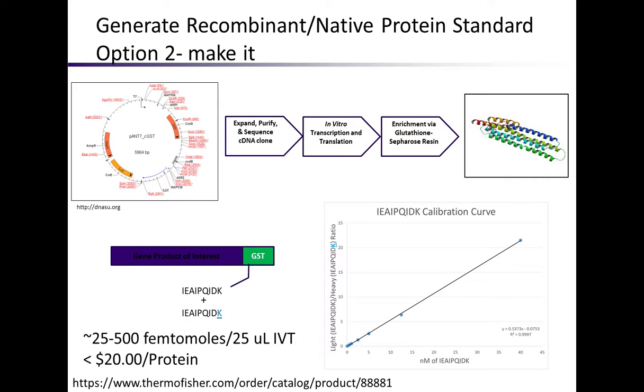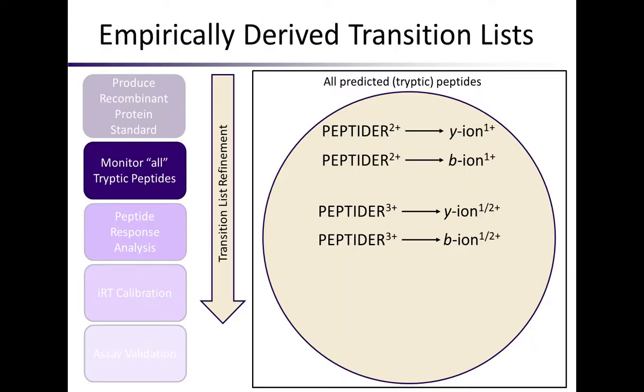And we can actually calibrate this. We can have a pretty good idea of how much protein we've synthesized. And it's cheap. You can make 25 to 500 femtomoles per IVT experiment. It's less than $20 a protein, which is great. And this is enough protein to last for quite a while.